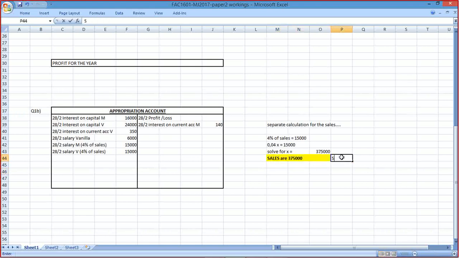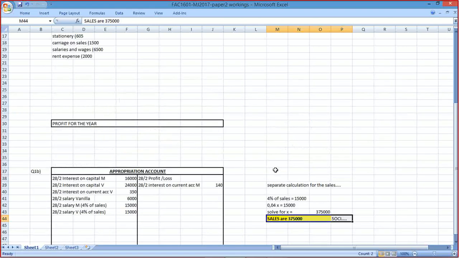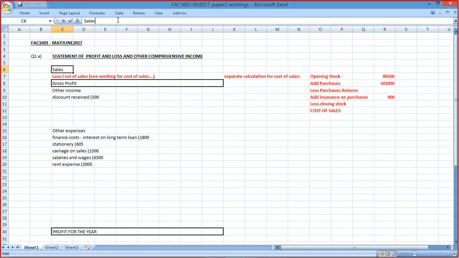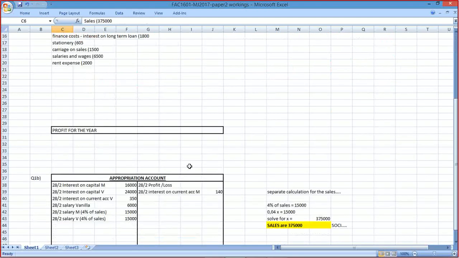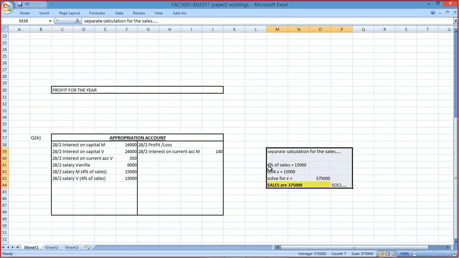So where am I going to put this? Statement of comprehensive income. Sales, right? Yes, 375,000. Let's insert it. There we go. Now we've got another mark from our sales.